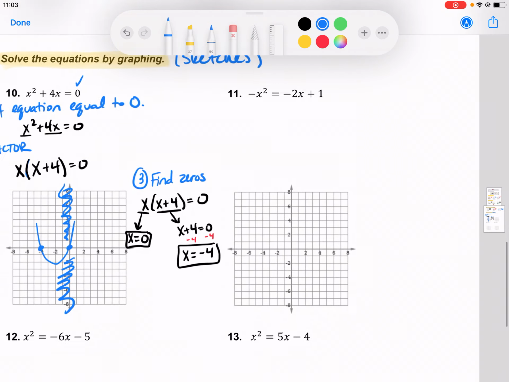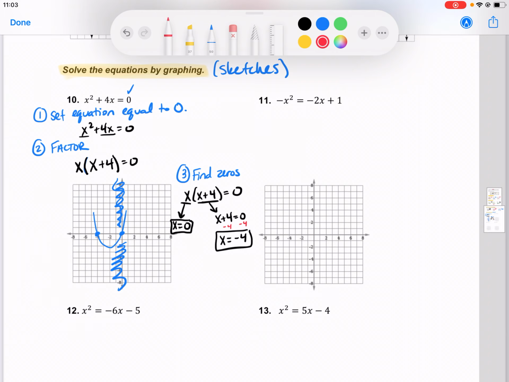So same idea for this next one. So set the equation equal to 0. When you do that, let's always make sure our x squared is positive. So we've got 0 equals x squared minus 2x plus 1. If you remember a couple times ago, I talked about a shortcut for 3-term problems as long as this first number is a 1. So we still do our 1 times 1, which is 1. Put the -2 up top.